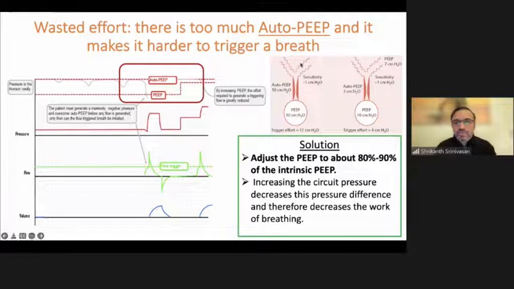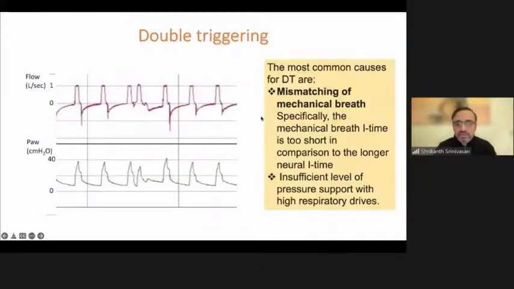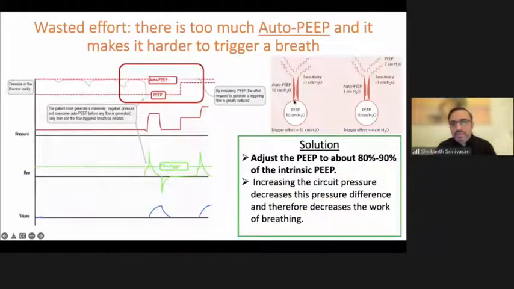Now, if we have some amount of positive pressure from above, which is the PEEP, which sort of stents this airway open, then this can, to some extent, help to overcome the amount of negative pressure which the patient has to generate before any flow is given. So we set the PEEP at 80 to 90% of the intrinsic PEEP just to overcome this amount of effort which is required. And this reduces the work of breathing.